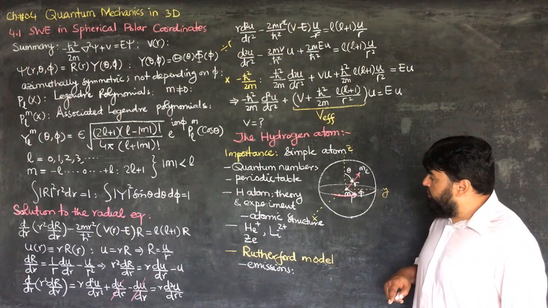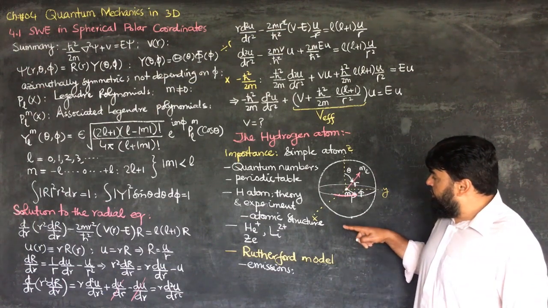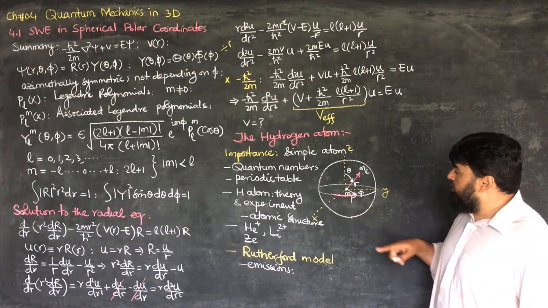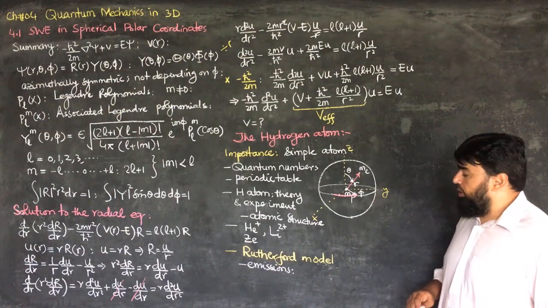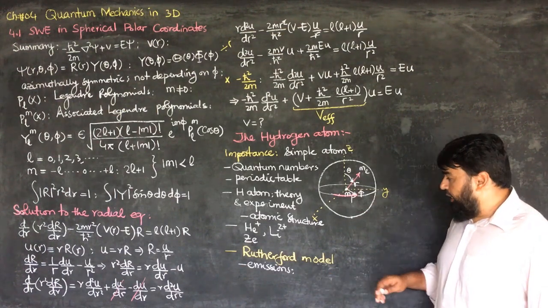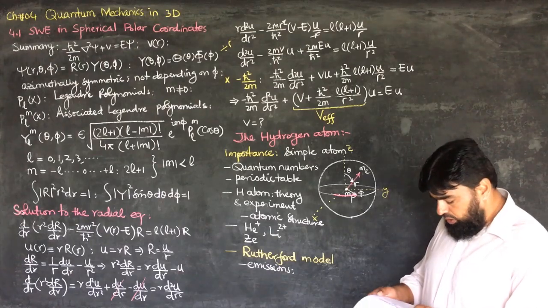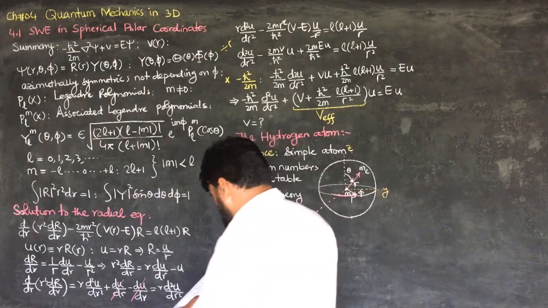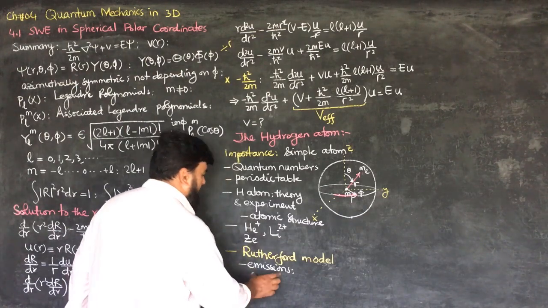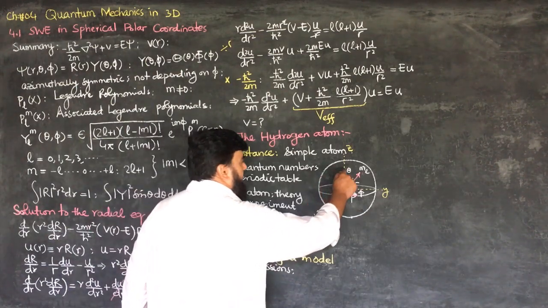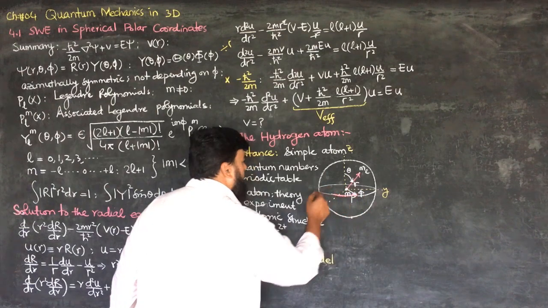While the observed thing was that the electron was not collapsing, but different kinds of emissions were there, and that's why this model couldn't explain this problem.